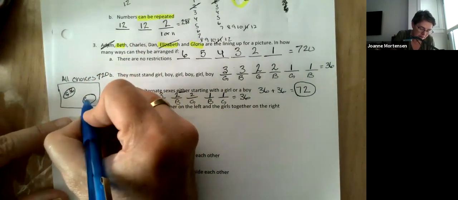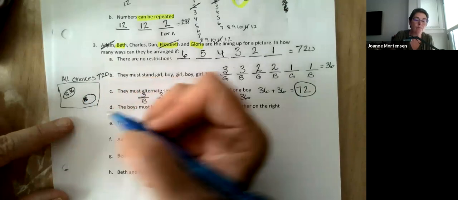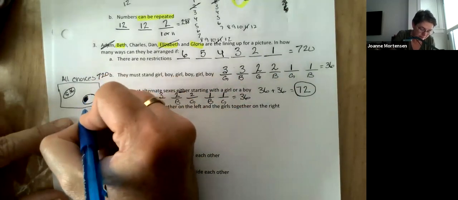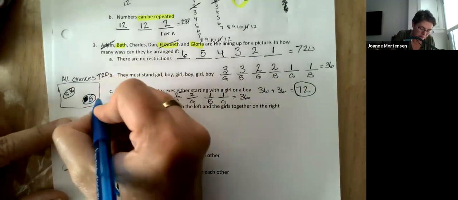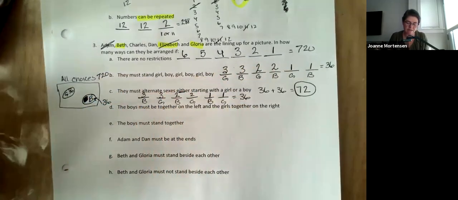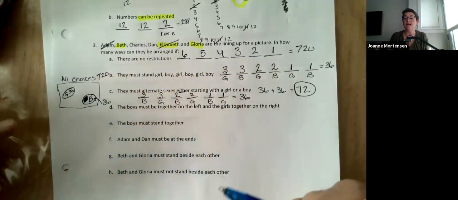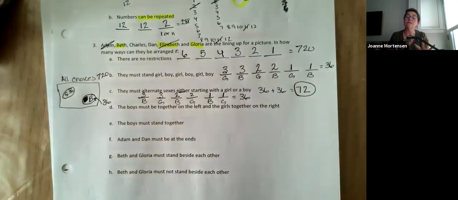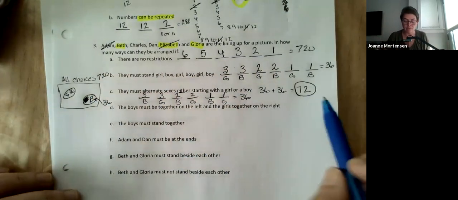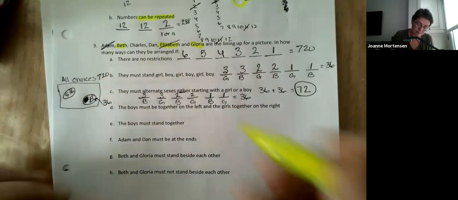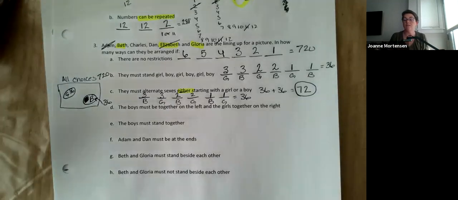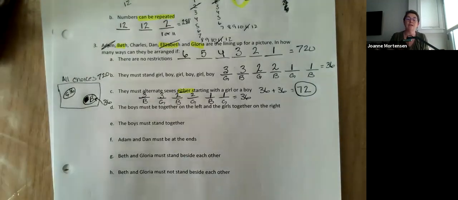And if you go for boys, I'm making a mess, I'm sorry, there are also 36 ways, but these 2 don't overlap. So they're mutually exclusive, you know that from last section. So your answer is 72. So I think "either" might be another one of those kind of magic-y words to watch for. Just be careful.